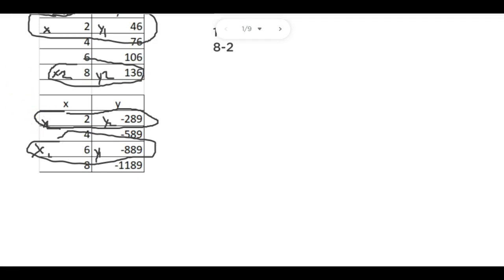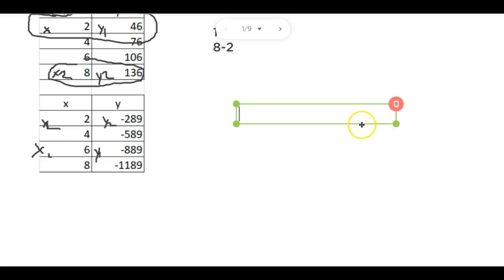When you're dealing with negatives, you have to make sure you do the negative signs correctly. It looks like I selected these as my twos. So I have a negative 289. Make sure your points match up.